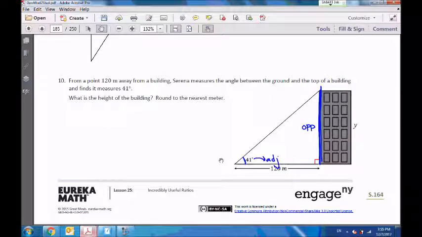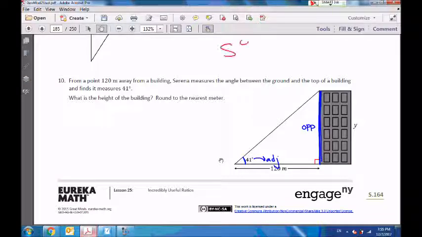Now, I've taught geometry enough to know that my hint to you is do not label the side that you do not care about. In this problem, I don't care about the hypotenuse. You could write in hypotenuse, but please don't. If you don't, it is much easier to see which of the three ratios you want to use.